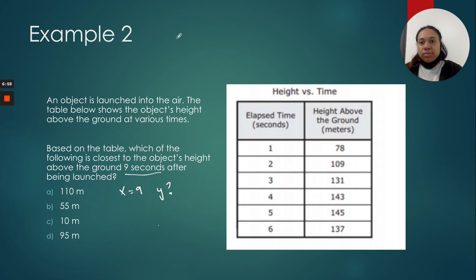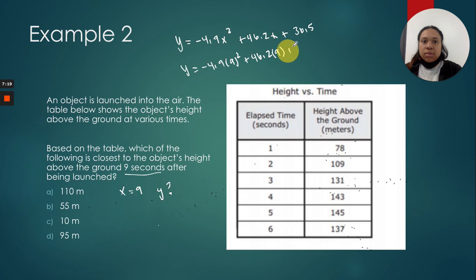Or I can use my equation. So for the A value, we got negative 4.9. For the B value, we got 46.2. And for the C value, we got 36.5. And I could plug in 9 into x and see what that would give me.